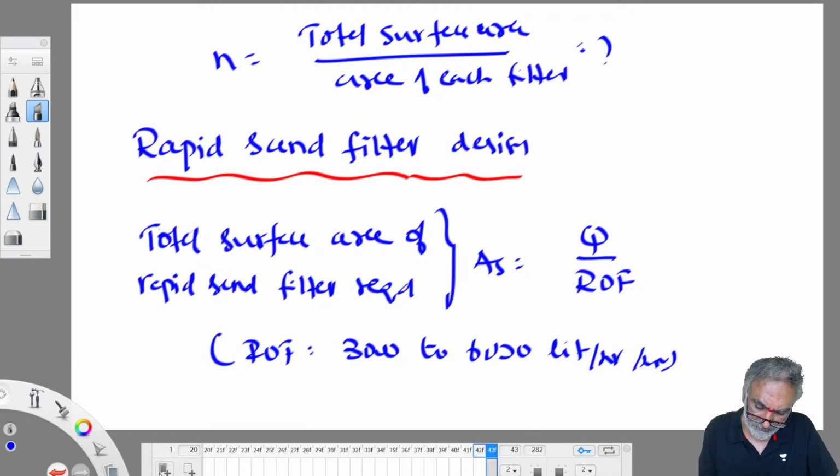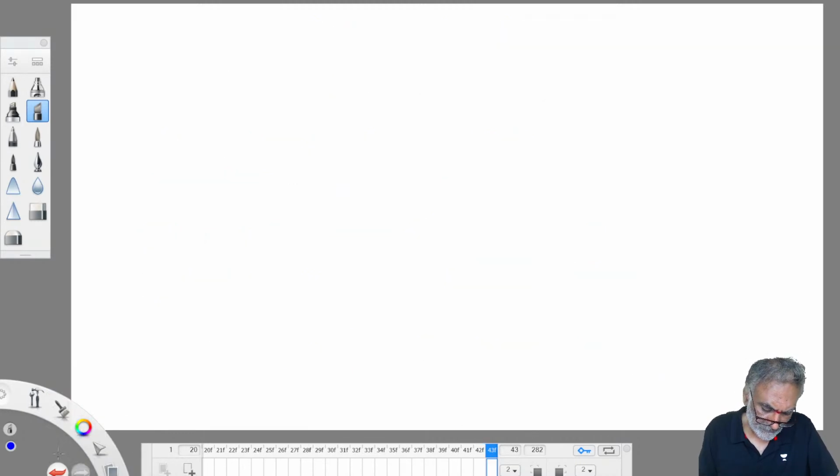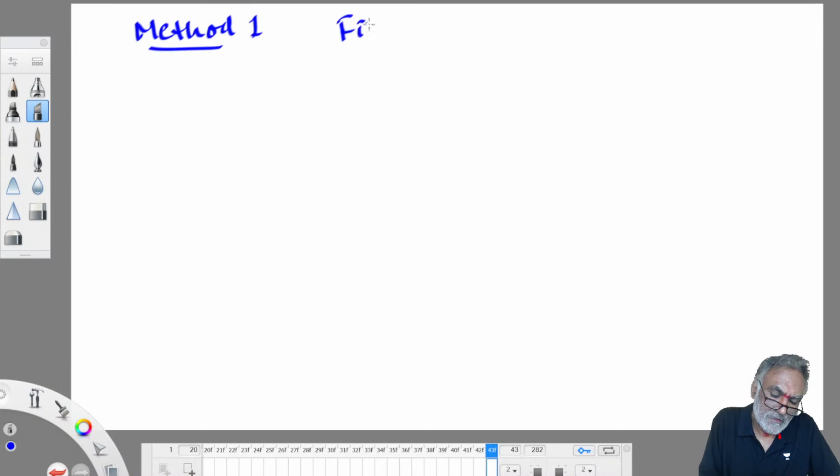Then, as usual, method 1: fix the number of filters N, and find the size of each filter.